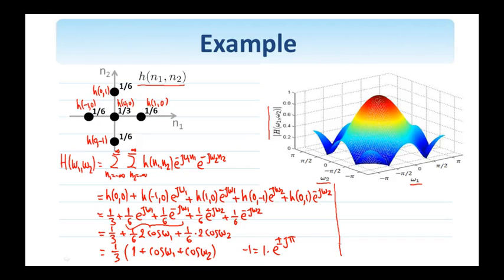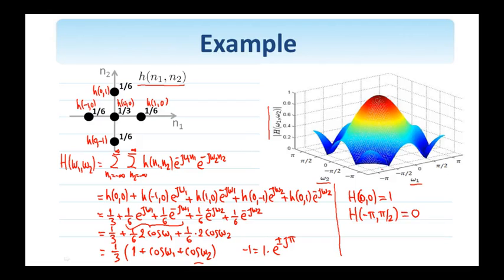So if I look at this magnitude, I see that H(0,0) is equal to 1, right? Cosine 0 is 1, so I have 3/3. And also I observe that at certain frequencies, the magnitude becomes exactly 0. So for example, if I look at the frequency minus pi over 2, I have 1 plus cosine minus pi, which is minus 1, so they cancel out, 0, plus cosine at pi over 2, which is 0, and therefore this is 0.